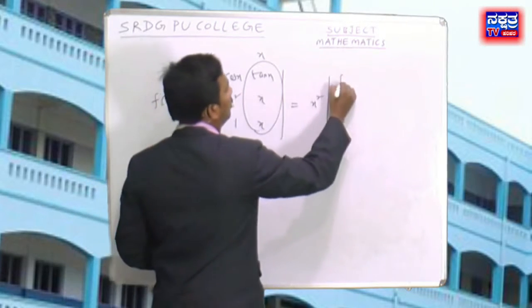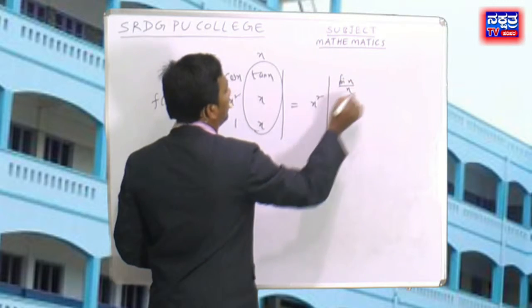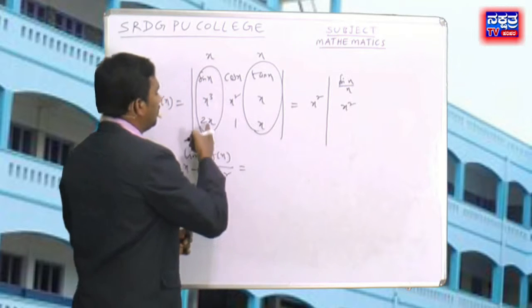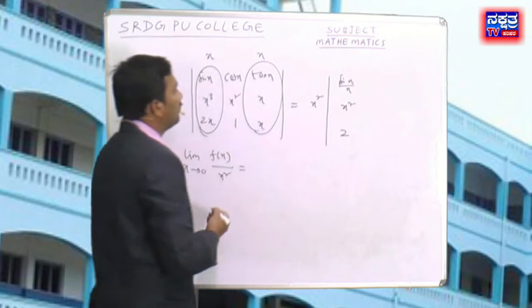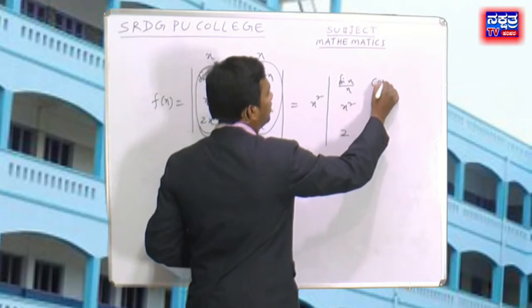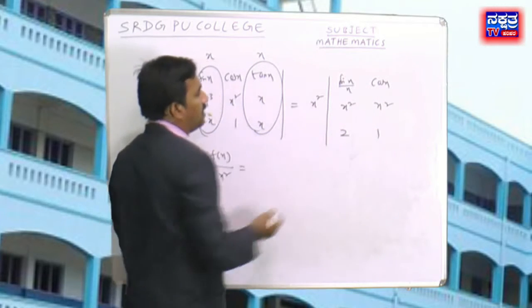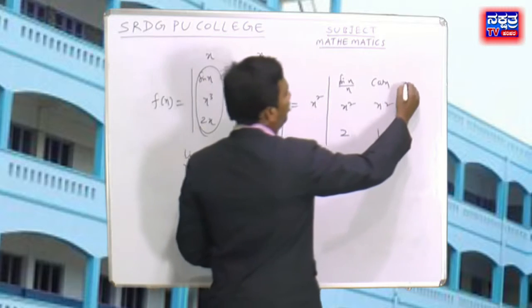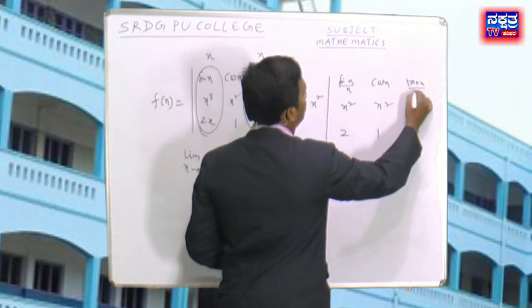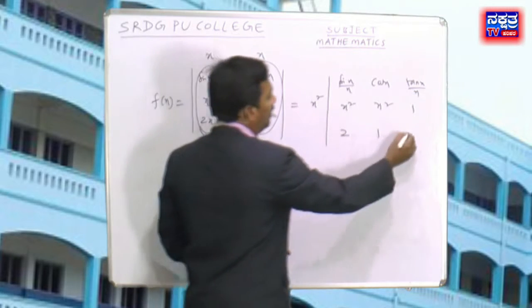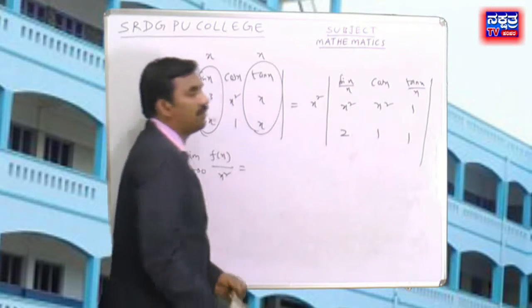Then the first column: sin x by x, x square. Here after taking x common, 2. And the second row is as it is, cos x, x square and 1. Third row is tan x by x and 1 and 1. So this is the function.